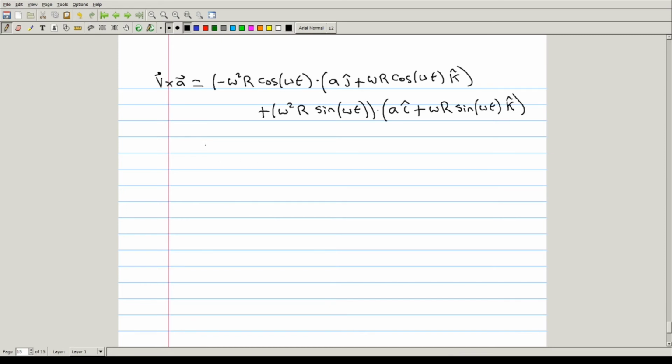And if we bring all these terms together, this becomes A times omega squared R sine of omega t times i hat minus A times omega squared R cosine of omega t j hat.